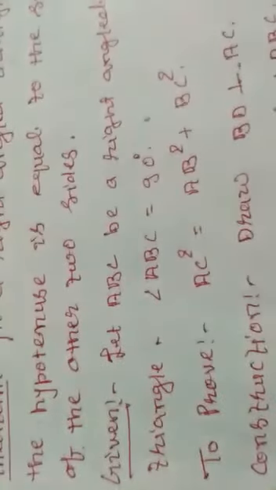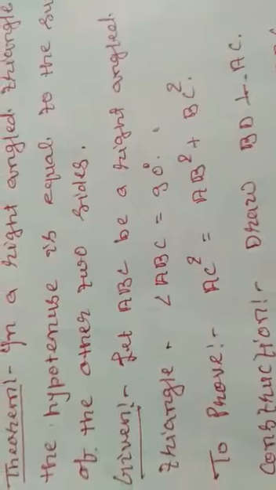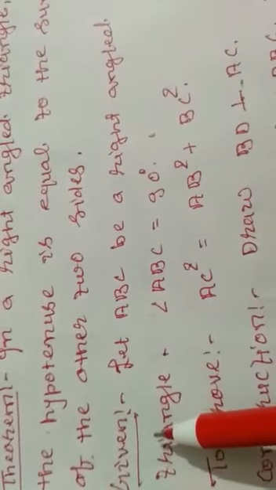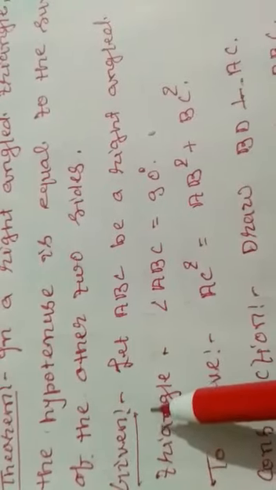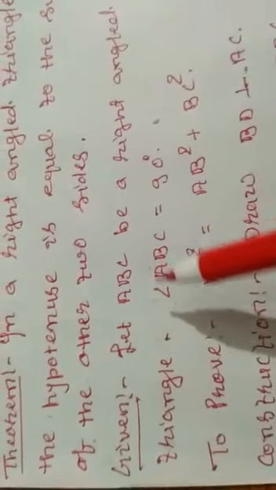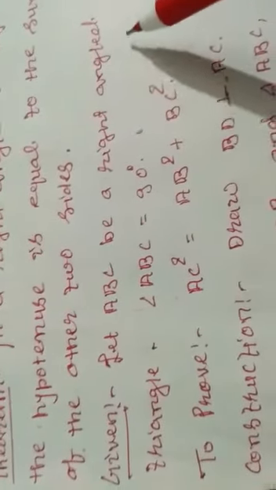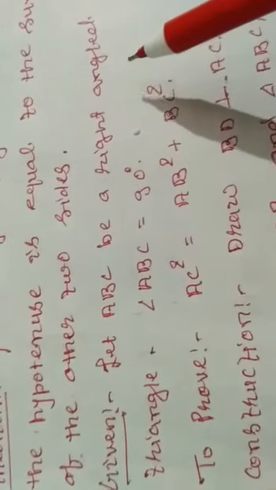So let's see. When we prove a theorem, as you know, first we start with the given. So here in this theorem we have: let ABC be a right angled triangle, meaning one angle of the triangle must be 90 degrees.